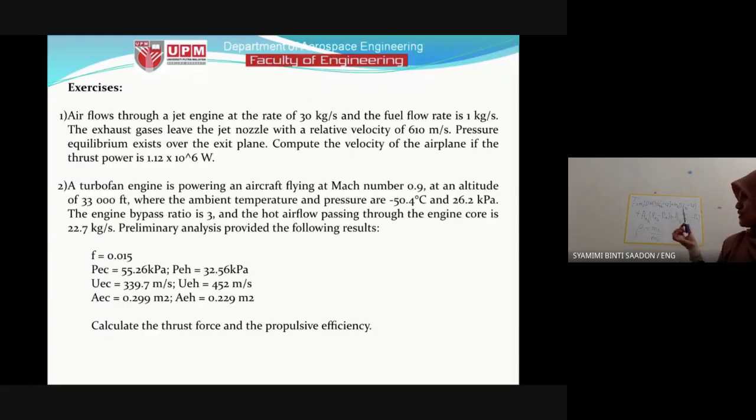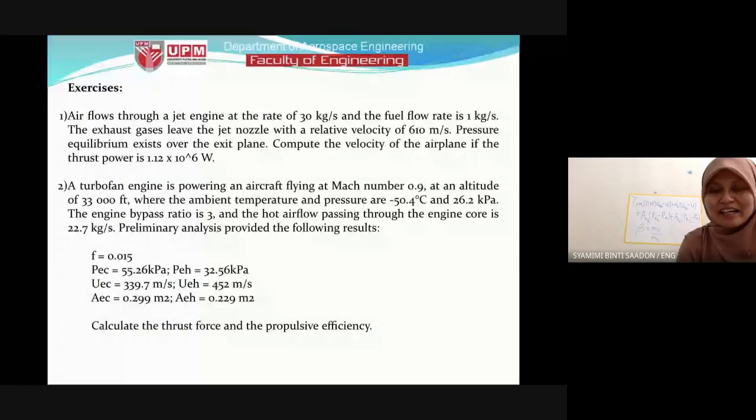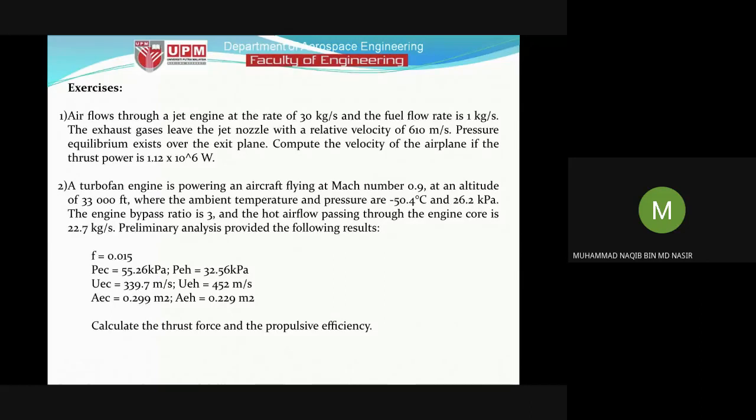And what else do we need? There's another one that we have to calculate before we proceed with the thrust force calculation. What else? Another one that we need to know. We cannot calculate the thrust force yet, there is one more value missing.